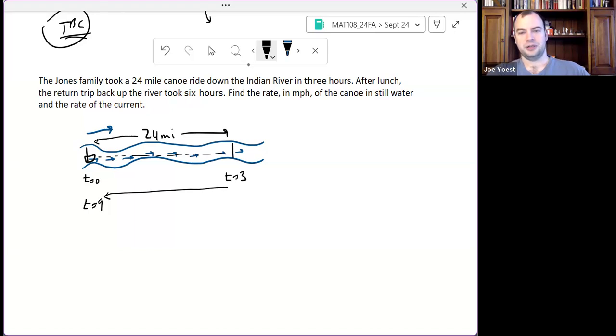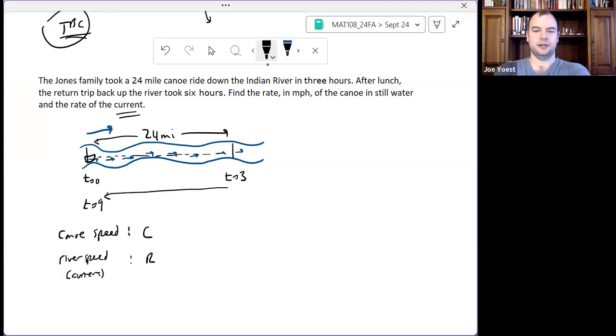And we'll assume that the canoe has a speed c, so that if you were sitting on a still lake, let's say, and you were paddling the canoe, you would be going a certain speed. But rivers have movement, so unfortunately, current also starts with c, so let's call that the speed of the river, in other words, the current, and we'll call that r.